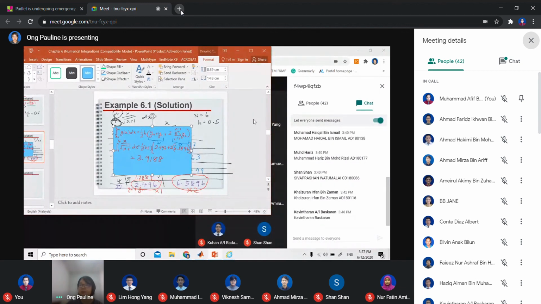If there are no questions, then we will stop our class. I will see you on Thursday morning. We continue with one example for Simpson's rule, then we will proceed to the Gauss quadrature. So we will end our class here.